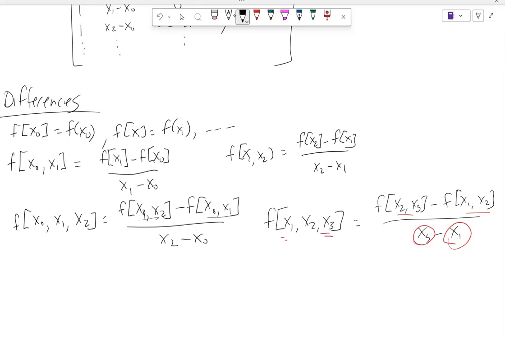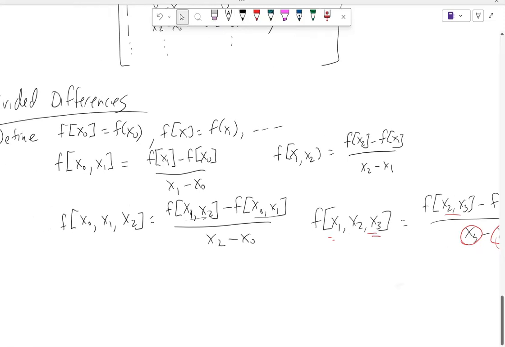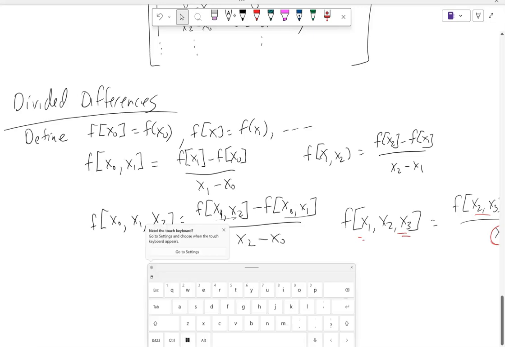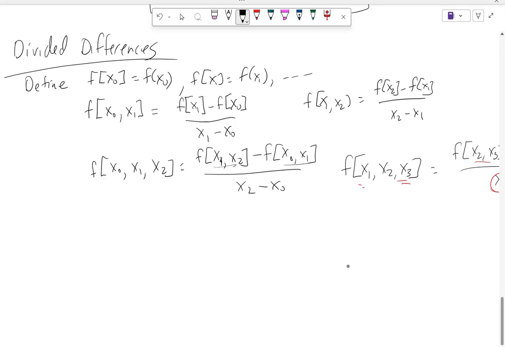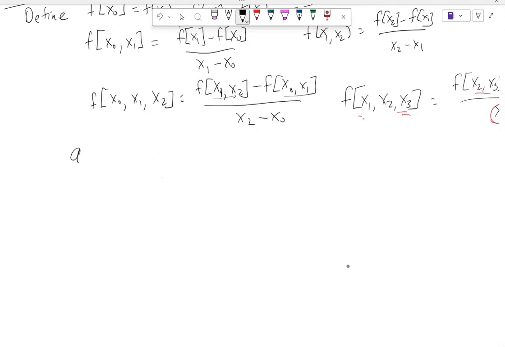I want to show you why we care. Well, let's go back up to the system that we were just writing. We had A naught equals Y naught. A naught plus A1 times X1 minus X naught equals Y1, right?